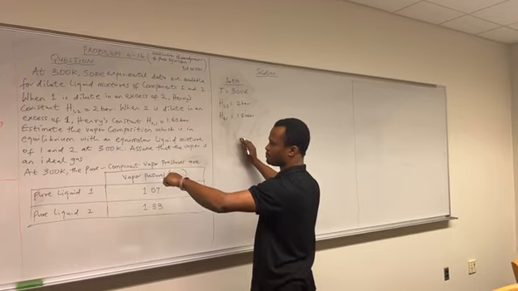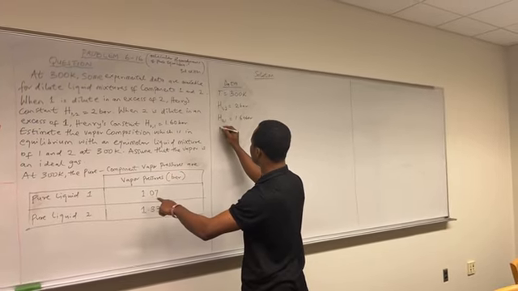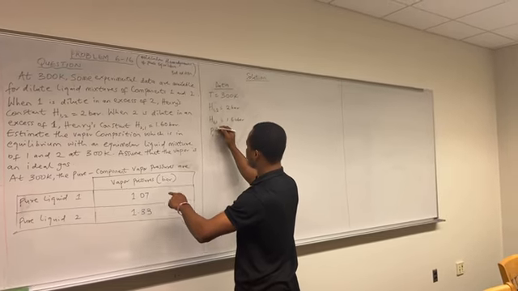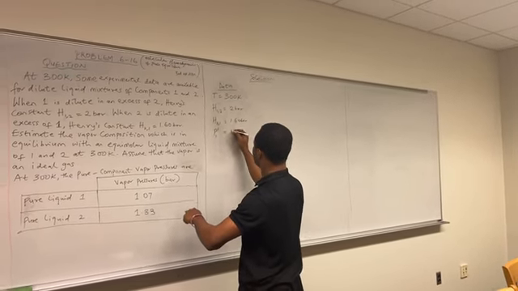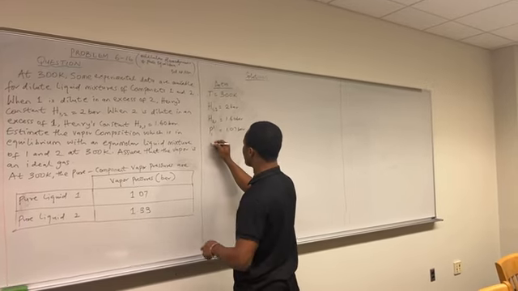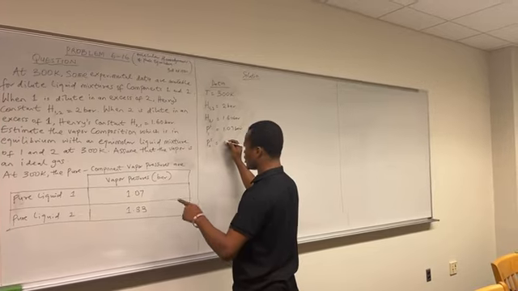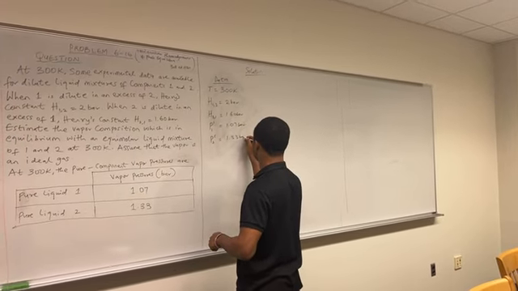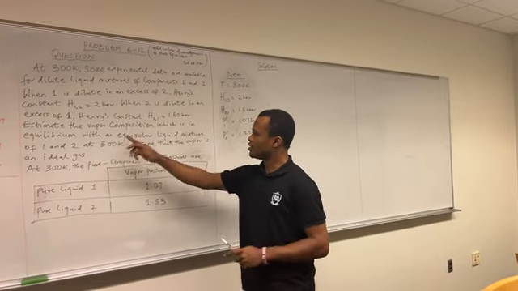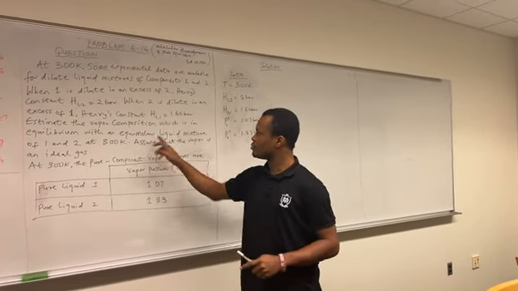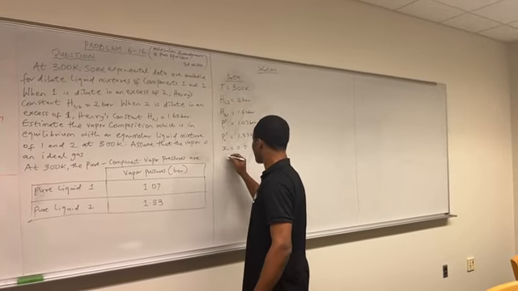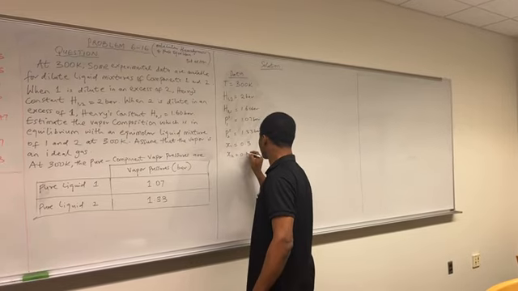And again, we are given the saturated vapor pressure for the first component as 1.07 bar. For the second component, it was given as 1.33 bar. And again, they said that the liquid is equimolar, which means that our x1 is 0.5 and our x2 is 0.5.